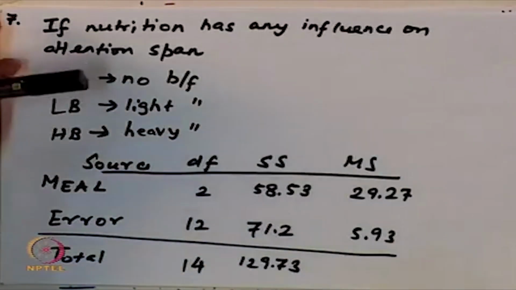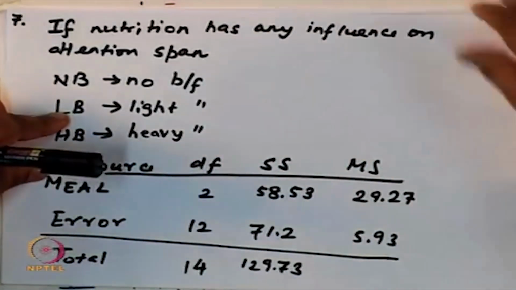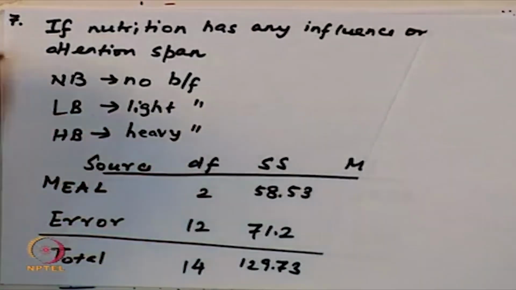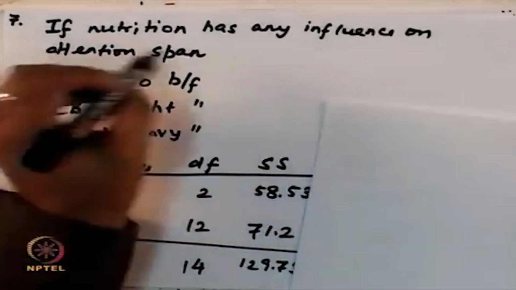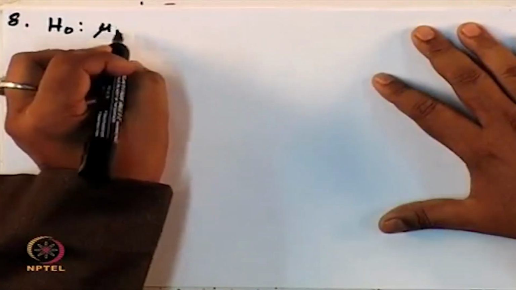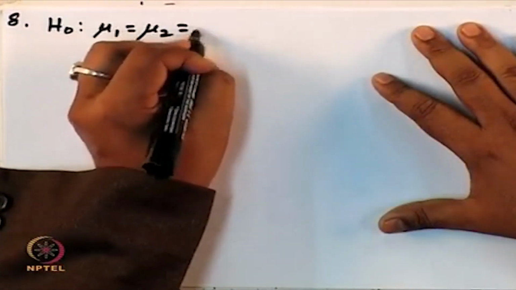Okay. So, for this case, let us say if you wanted to test the hypothesis whether nutrition has any influence on attention span, how will we find that out? We will test the hypothesis mu 1 equal to mu 2 equal to mu 3.